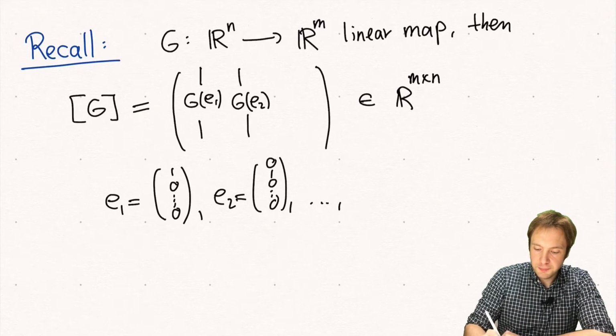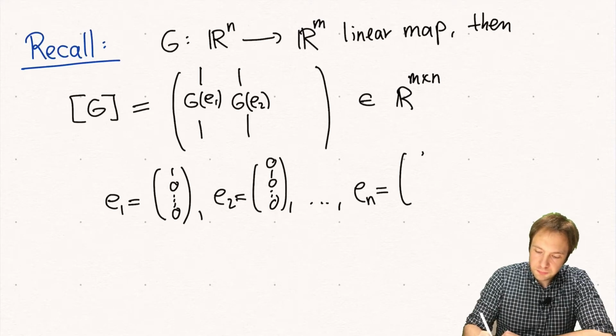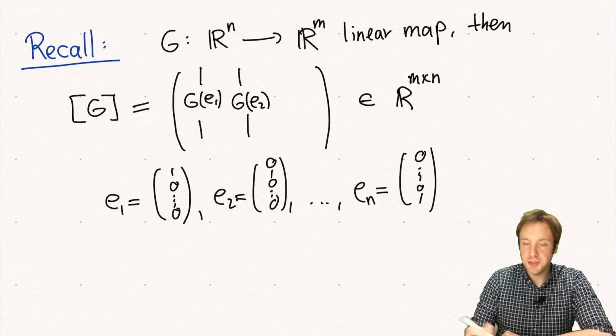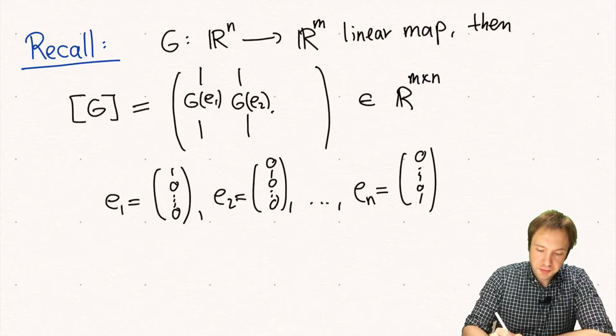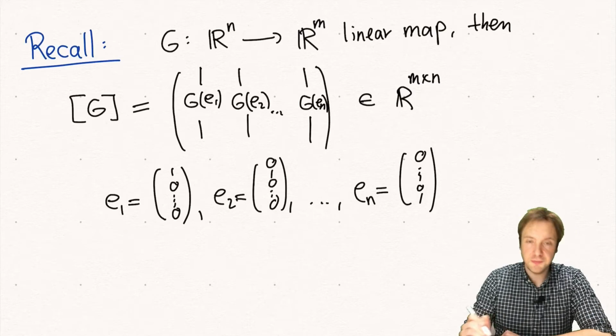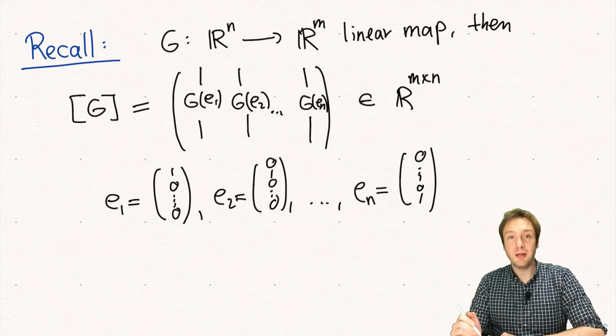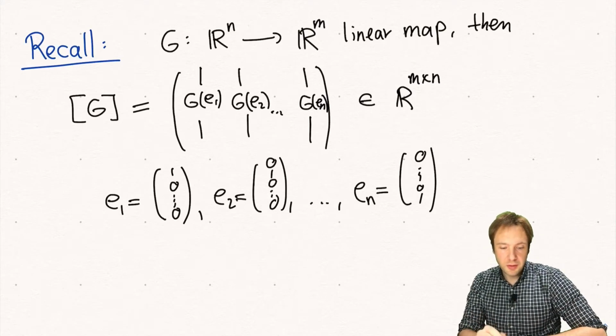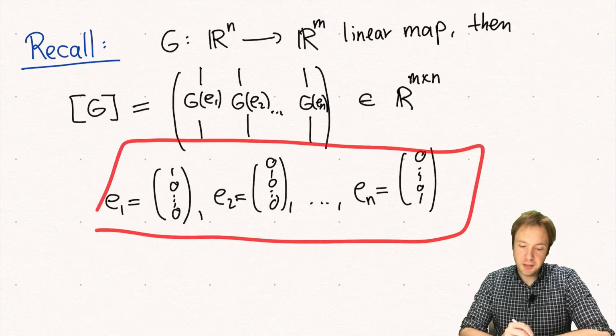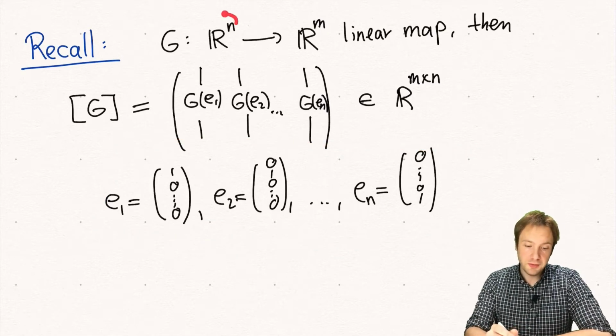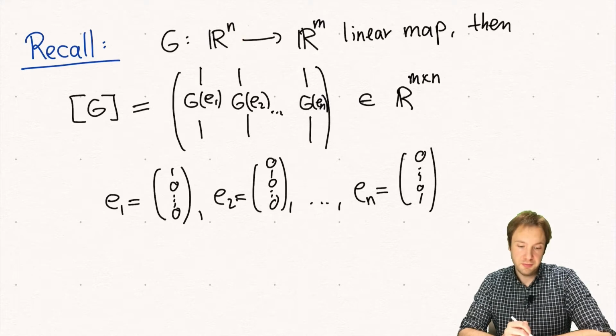And so on, up to the vector en, which had a 1 in the nth entry. The image G of en gives the last column in this matrix. These vectors e1 to en are just one example of a basis for the space R^n.